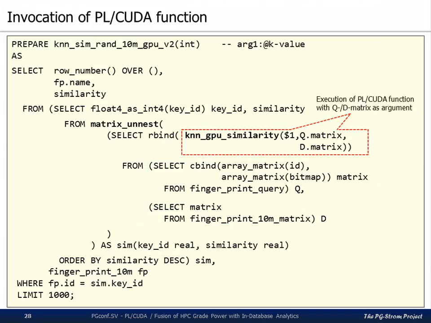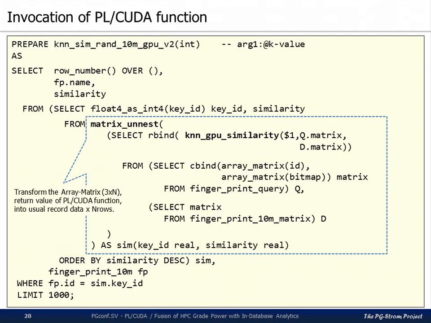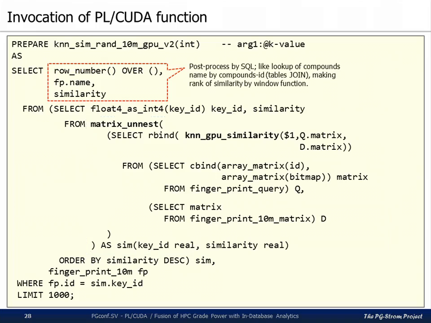Then it runs the core of the KNN logic, and it returns a set of ID and similarity value. After that, the result matrix is reverted into a usual record set, and we can process it using regular SQL features.